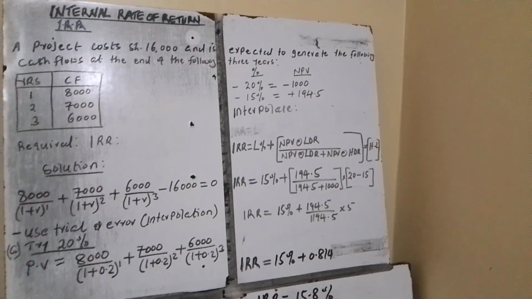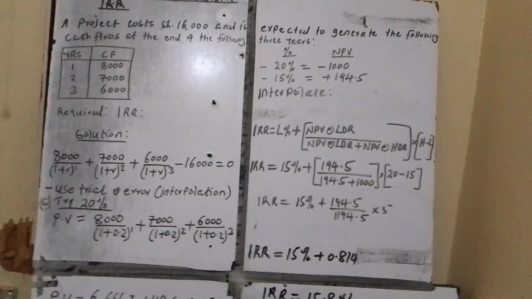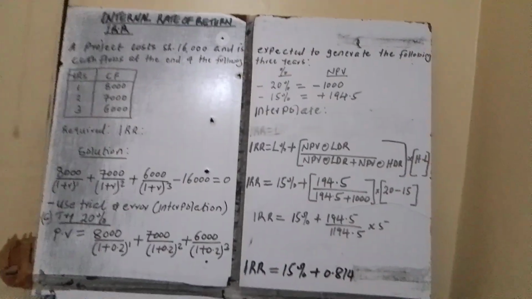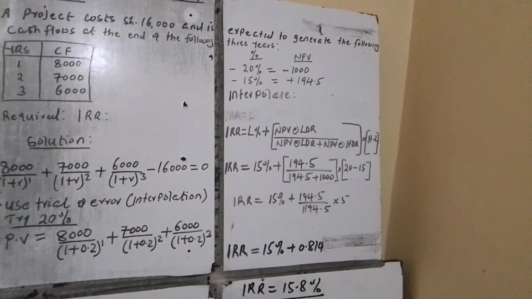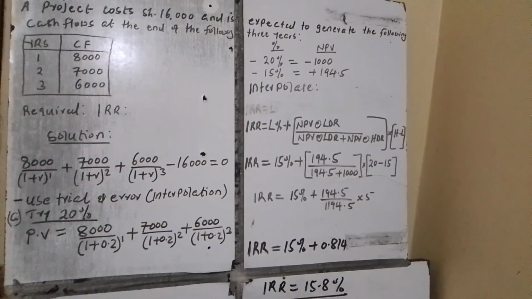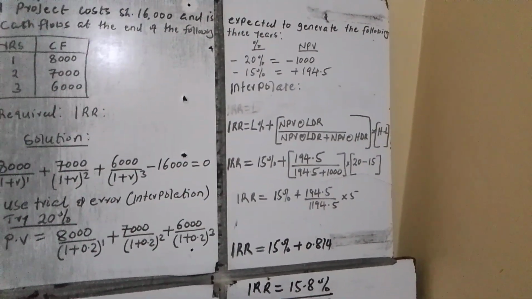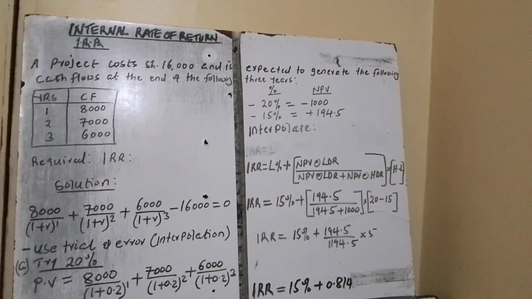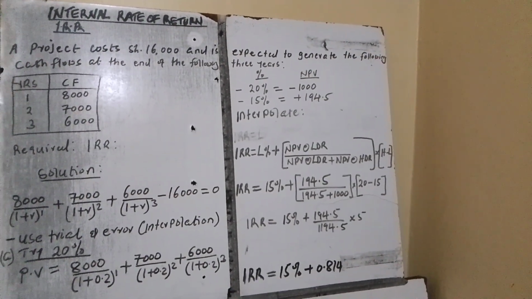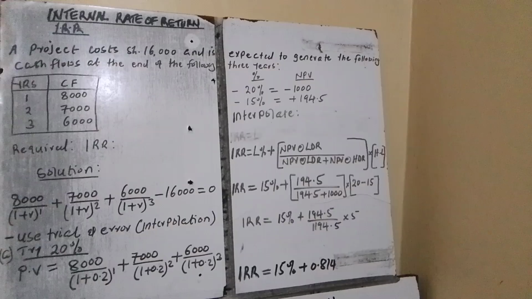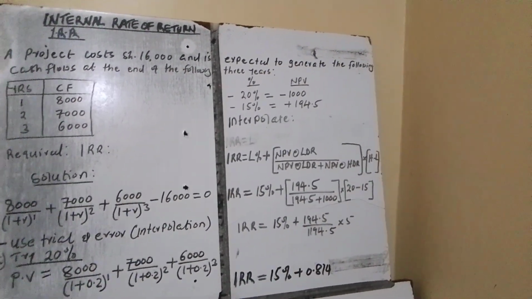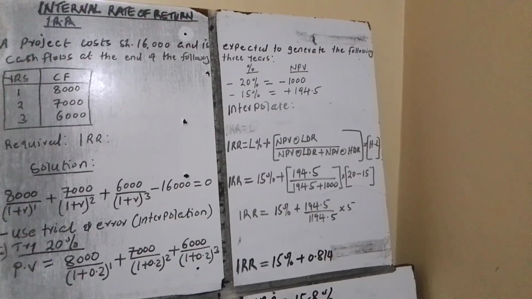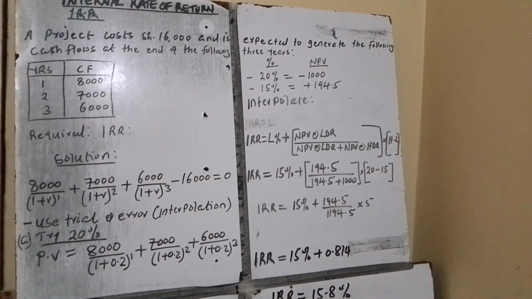So to conclude, we say that internal rate of return is that rate which equates the net present value to a zero. We use trial and error method to calculate the internal rate of return, or what we call interpolation method.